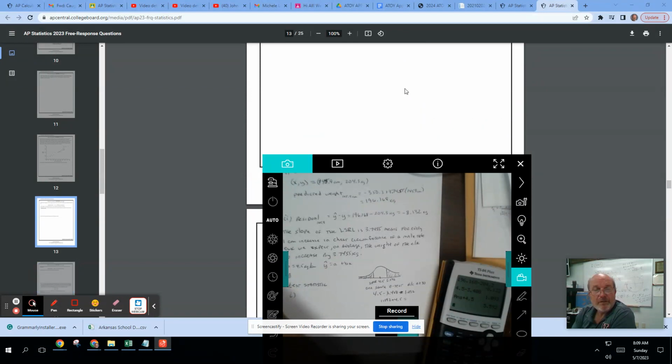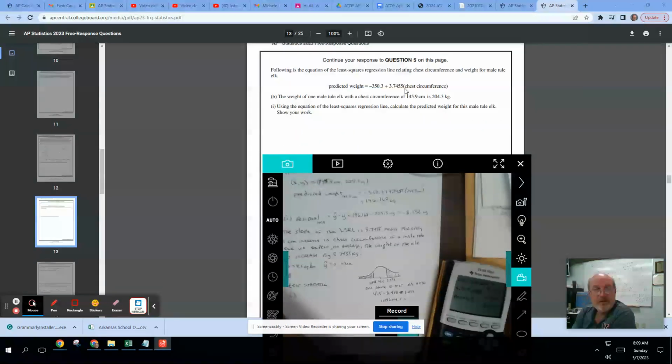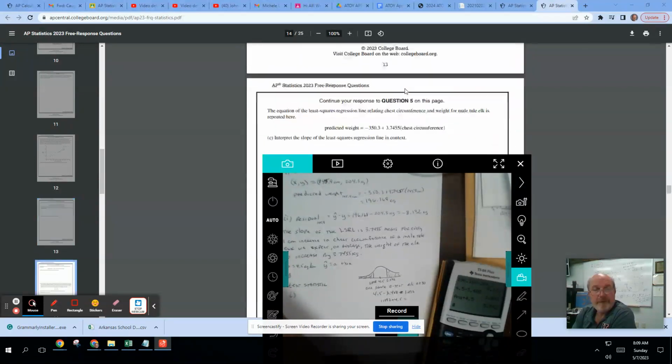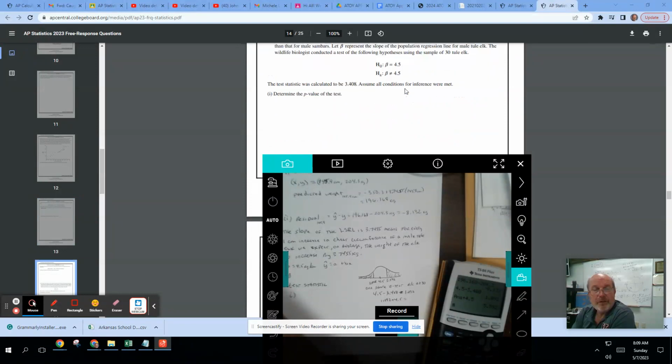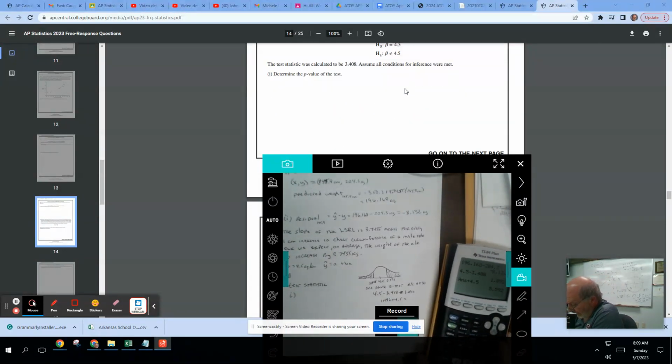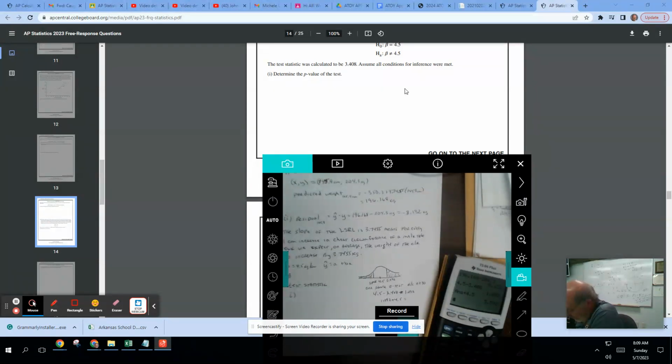I don't think I had a standard deviation for the 30 tule elk. I don't know that I could do it anyway. All right, so let's go ahead and do this. So we can use the one sample z.